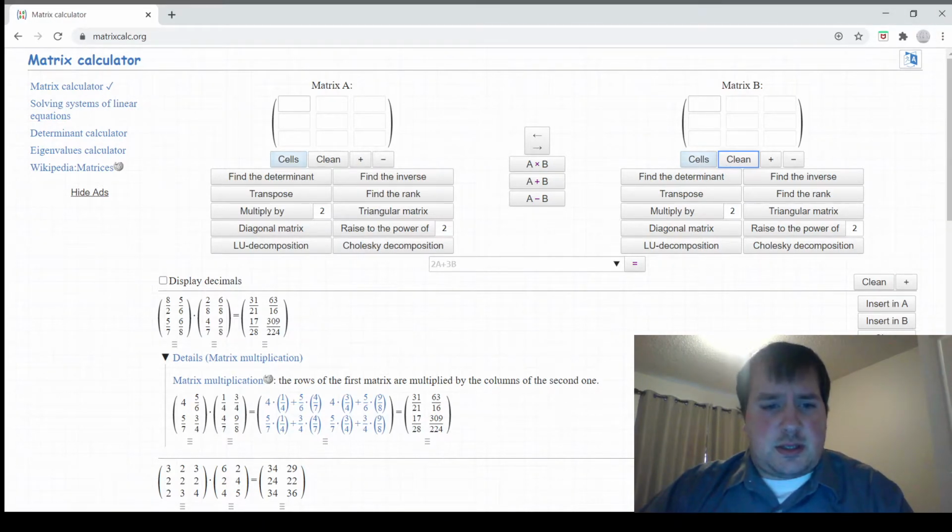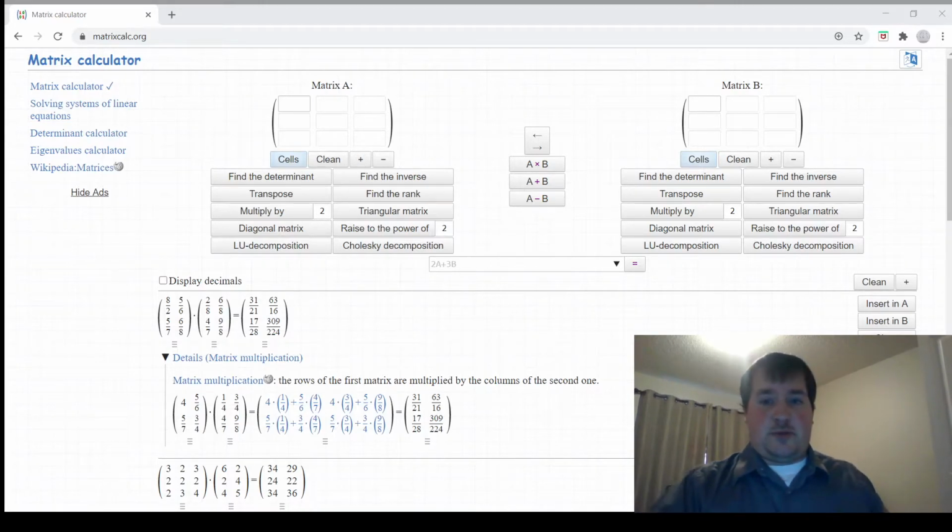All right. The other important thing I'm going to try to go over, unfortunately, I don't have a good additional webcam to go over this, but I'm going to try to go over a TI-84.